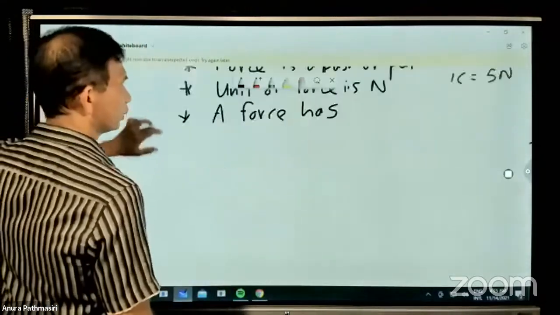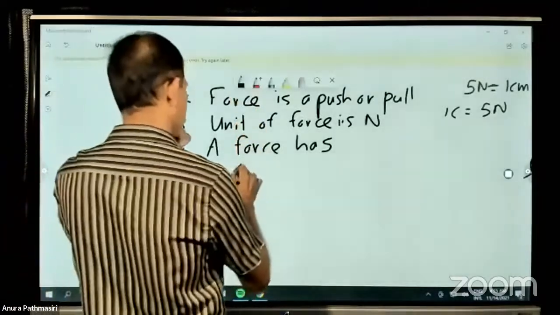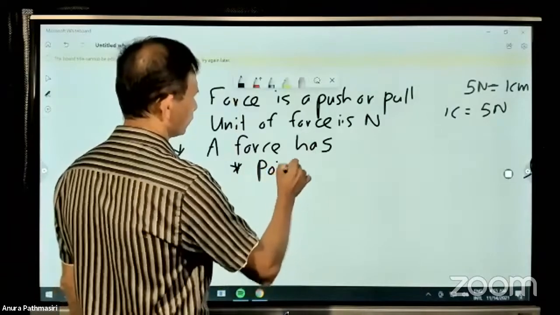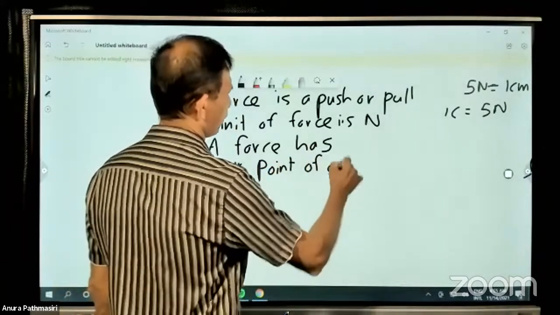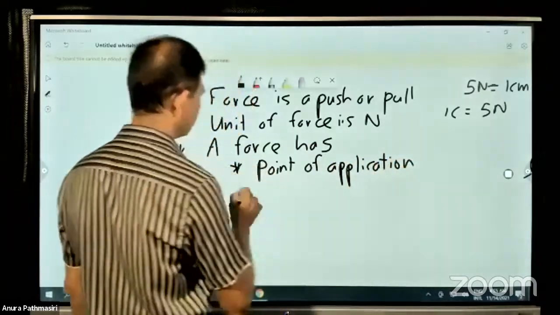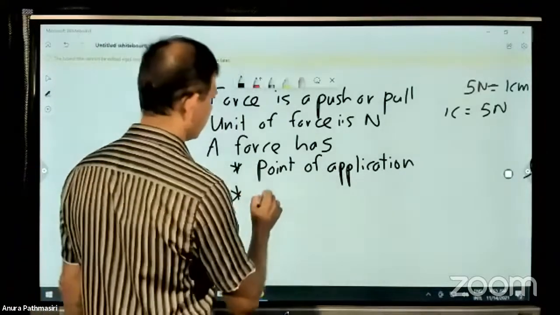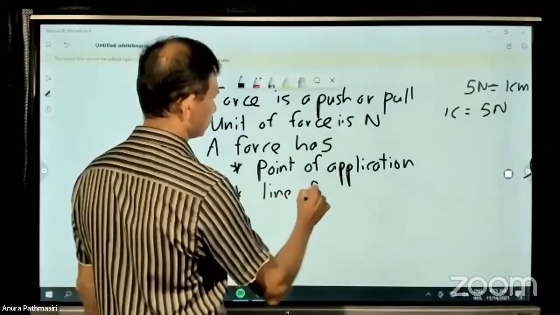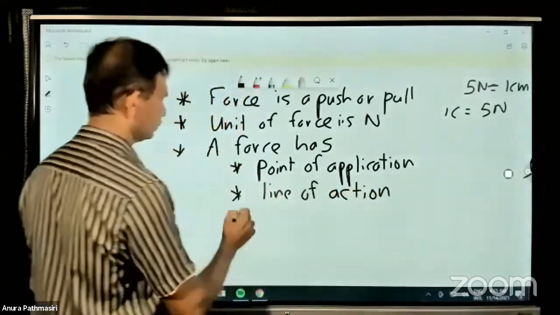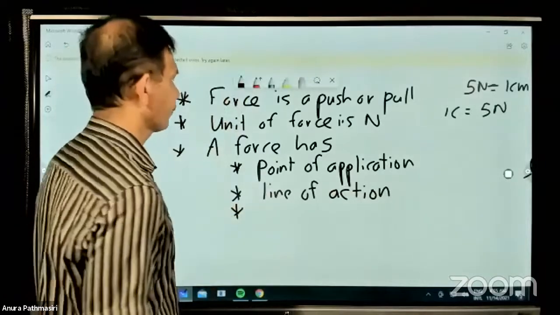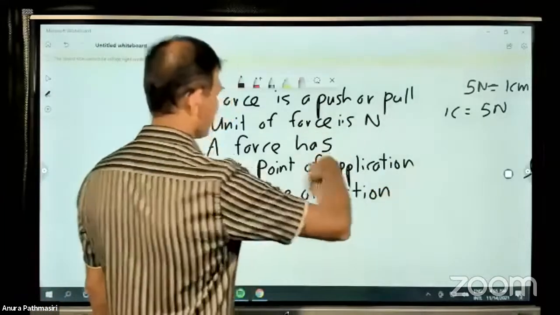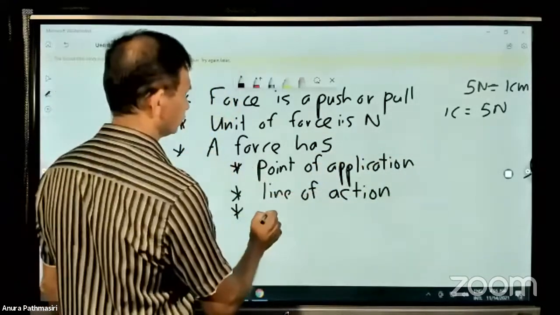A force has, one, a point of application. Second, a line of action. Then, direction.